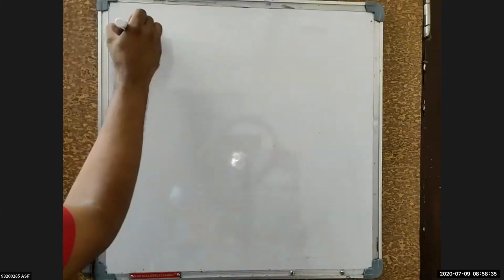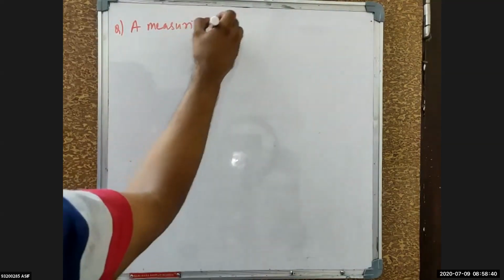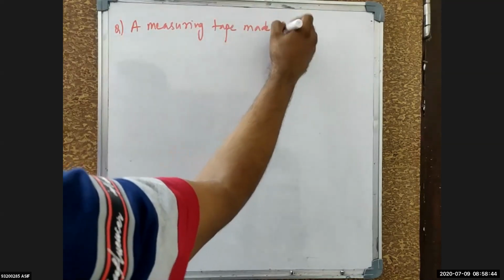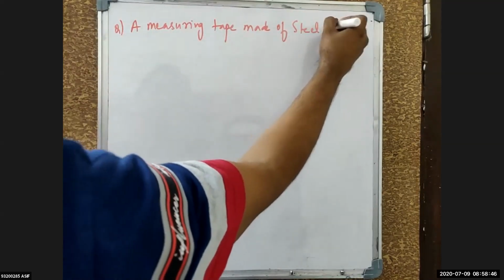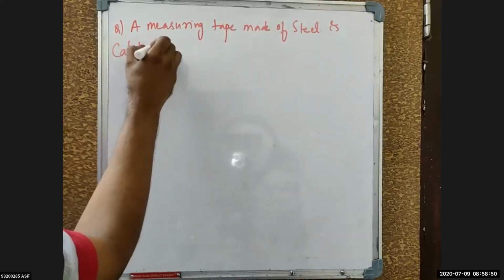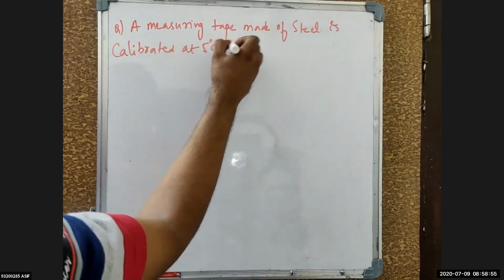The next question. A measuring tape made of steel is calibrated at 5 degrees centigrade.